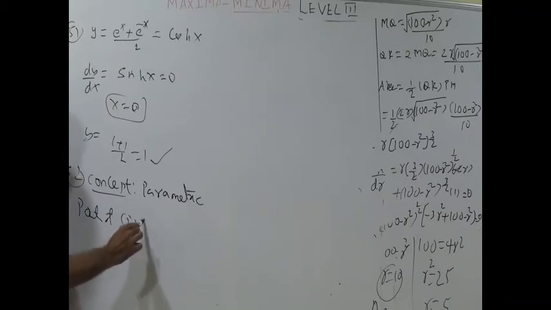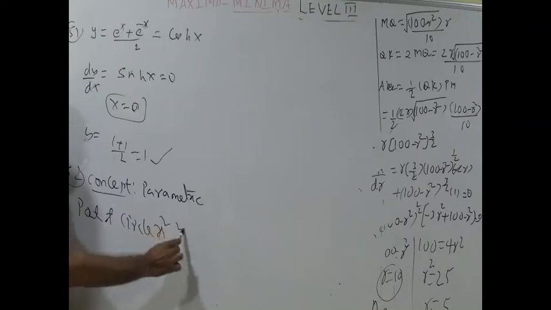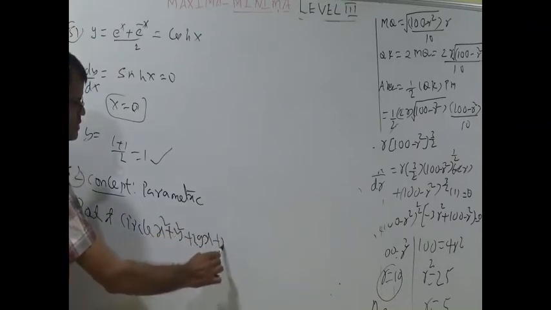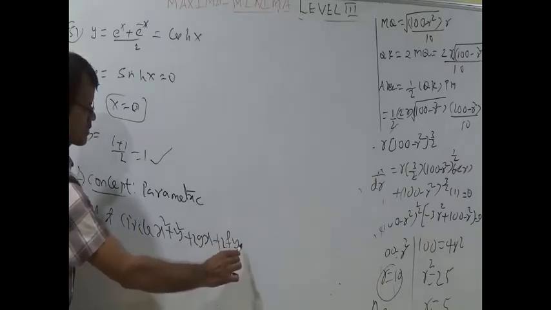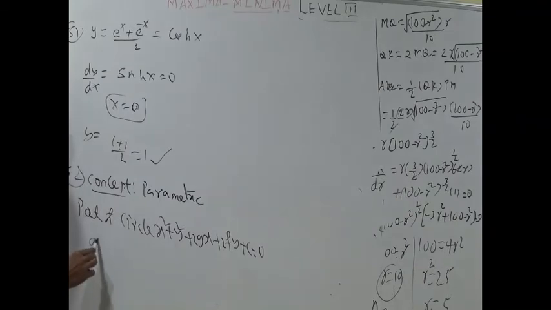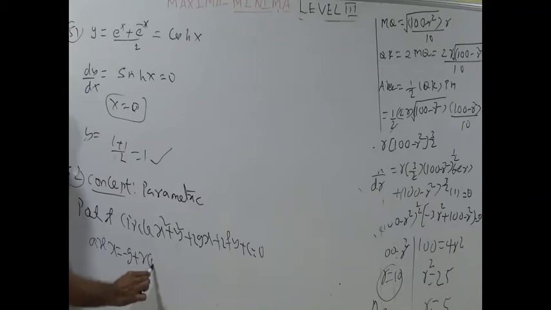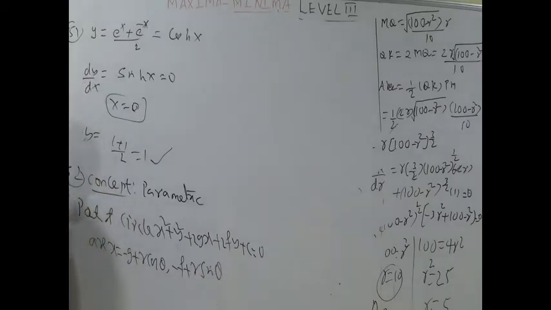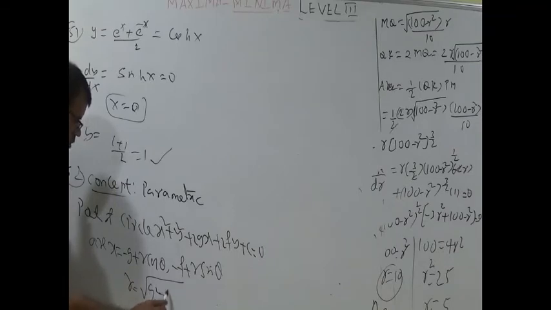Parametric point of circle. X square plus y square plus 2gx plus 2fy plus c equal to 0, this is the general circle. Then x is equal to minus g plus r cos theta, comma, y is equal to minus f plus r sin theta, where r is equal to the radius formula, root of g square plus f square minus c.